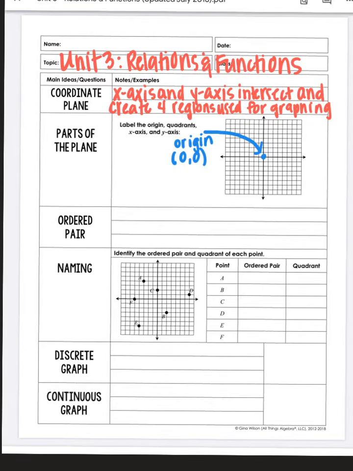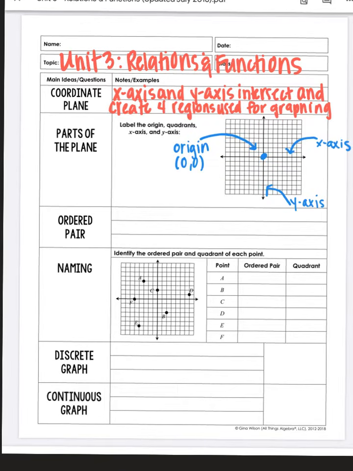Next is the horizontal axis. So the horizontal axis is this axis that goes horizontally, and we call this the x-axis. The next is the vertical axis that goes straight up and down, and that we call the y-axis.